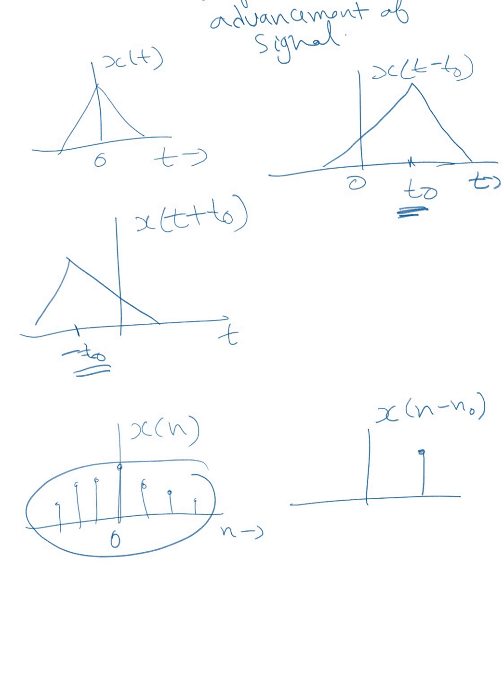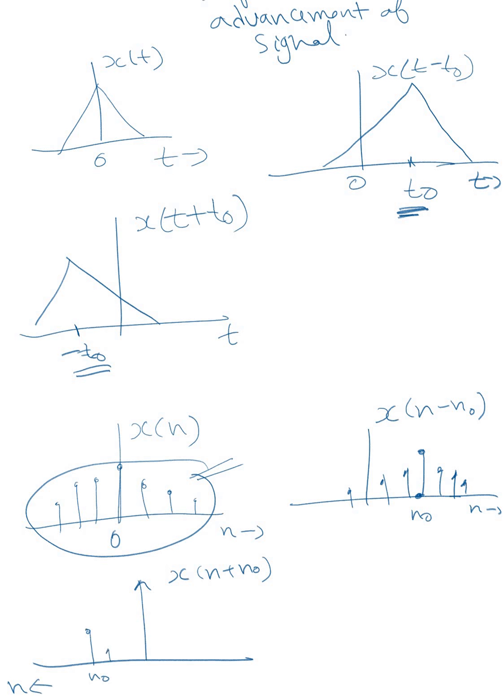That means something like this, and the shift is by a factor of n naught. Similarly, if n naught is a negative quantity, that is the signal becomes x of n plus n naught, the shift of this signal will be towards the left on the discrete time axis, something like this. And the shift will be again by a factor of n naught here.